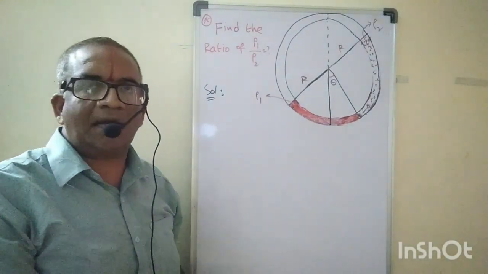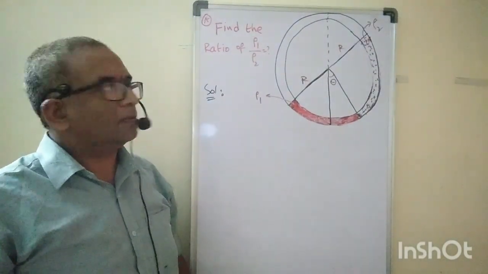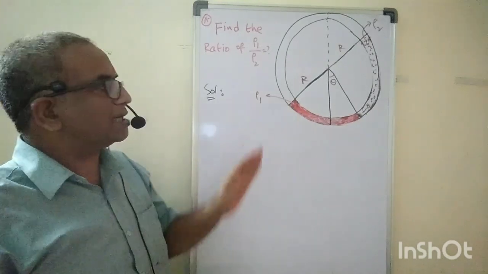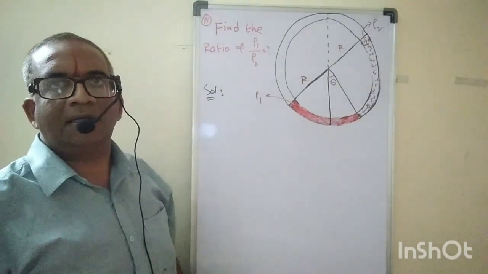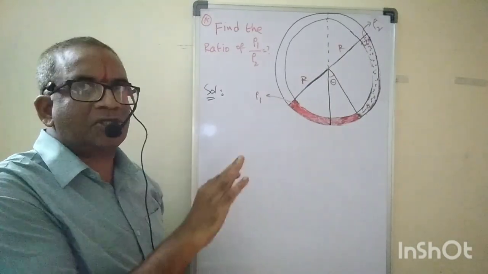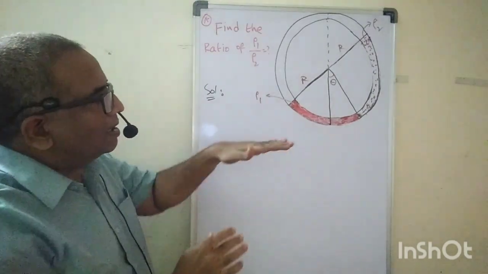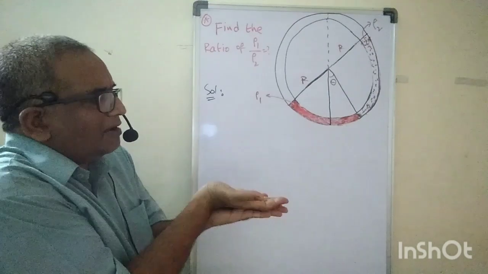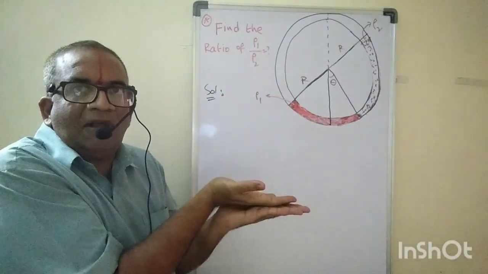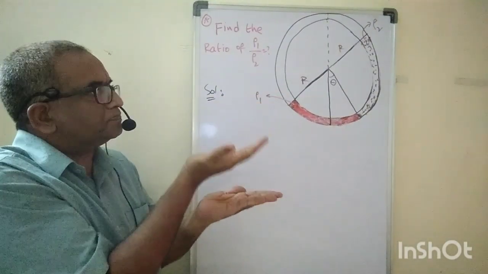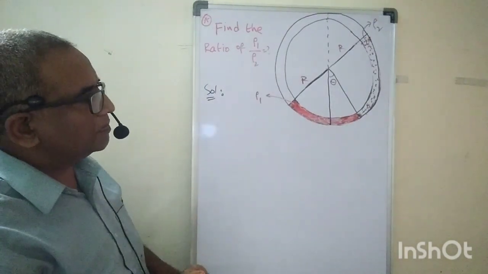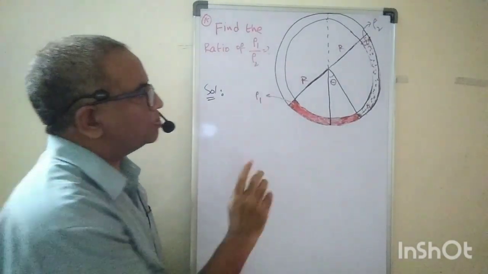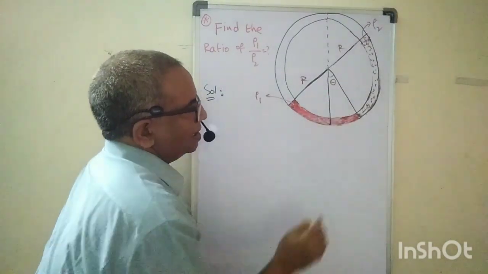The answer will come in terms of theta, because theta is given. They are asking for rho 1 by rho 2. How can we calculate this? We can calculate step by step using a simple method: we will find the heights of the column. And one more technique we can apply here, observe carefully. This is theta.